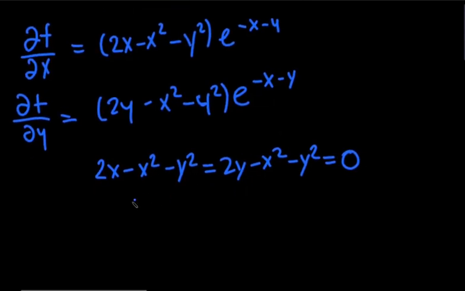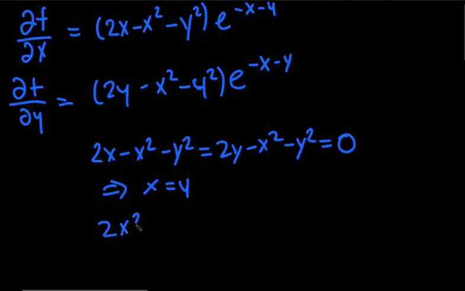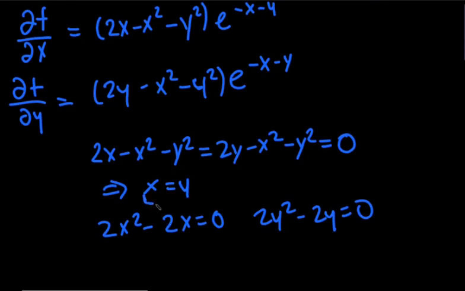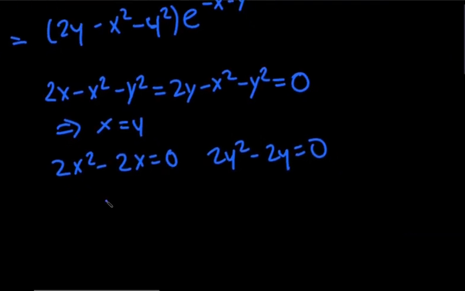So this obviously implies that x is equal to y, and therefore in our two new equations, we can bring this over here, and then we'd have 2x squared minus 2x equal to 0, and then 2y squared minus 2y equal to 0, right? We can just make the substitution, x is equal to y. So now that we have this, we can do simple factoring.